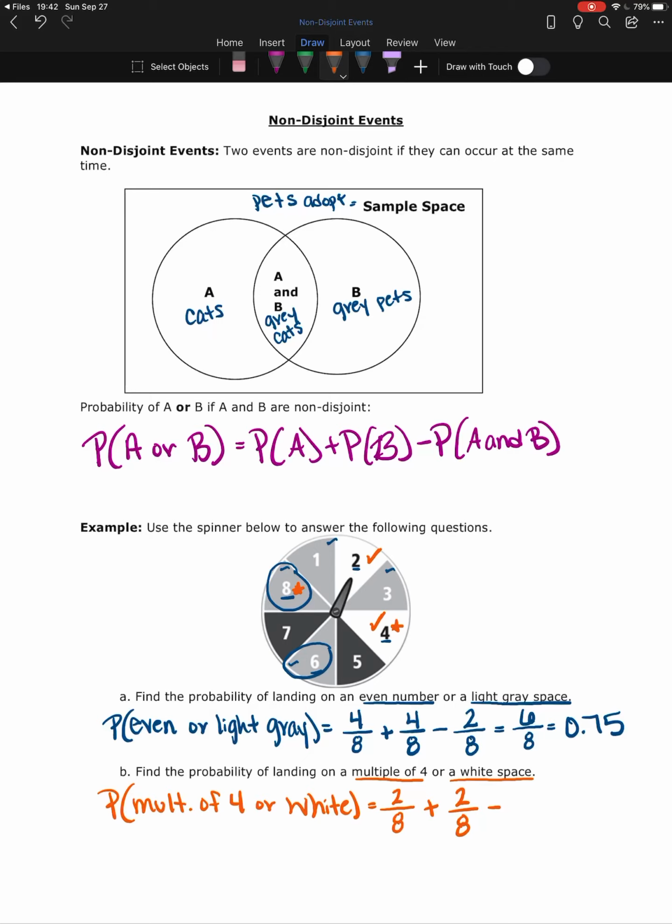But again, there is overlap. There's a space that's been counted in both of those categories. This one right here. So we have 1 space out of the 8 possibilities that contains a multiple of 4 and is a white space.